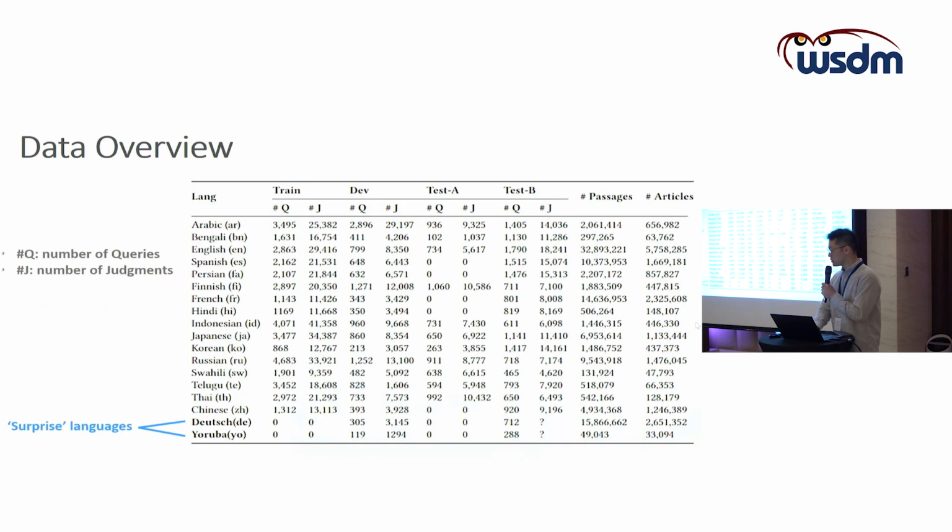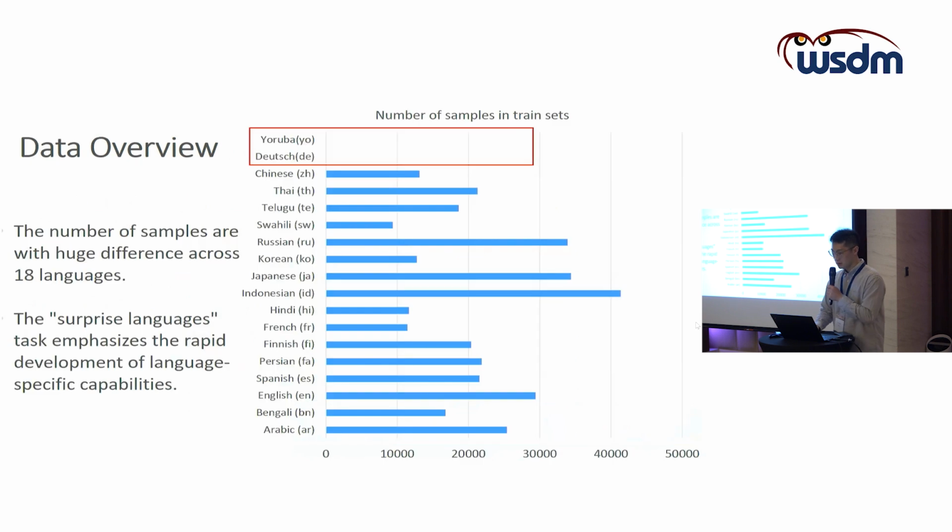This table presents basic descriptive statistics of the Miracle dataset, which covers 18 unique languages, divided into 4 parts: train, dev, test A, and test B. Each sample in the dataset includes a query, a passage, and a relevance judgment, indicating the relevance of the passage to the query.